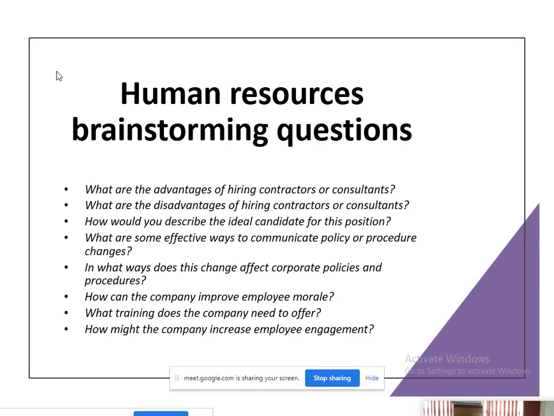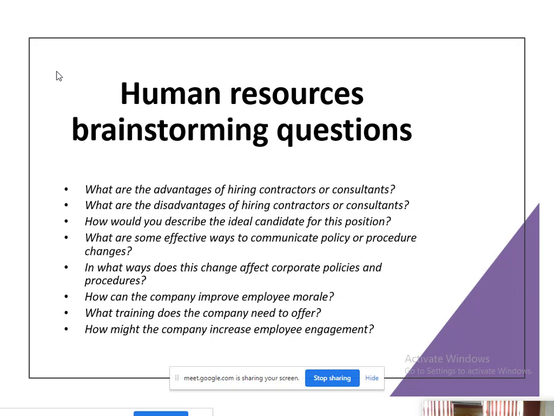The third point is, how would you describe the ideal candidate for this position? Before hiring, we should have in mind what that contractor or consultant should possess so that he or she is able to get that position.